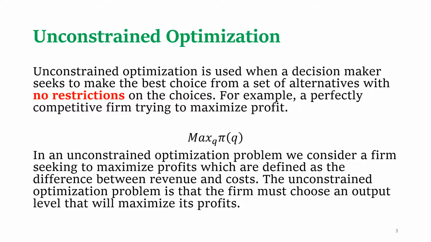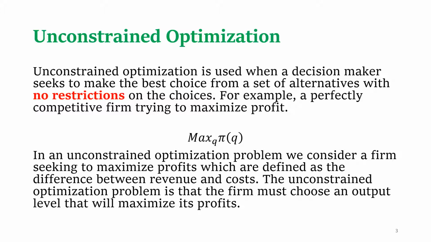For unconstrained optimization, it's only one equation that you need to deal with. If you are to maximize, let's say, profits, you only deal with that equation, which is the objective function. So this is the difference here.